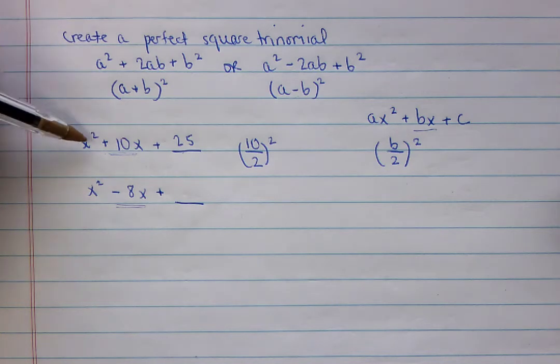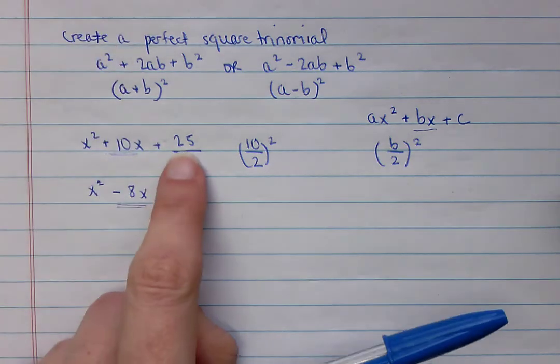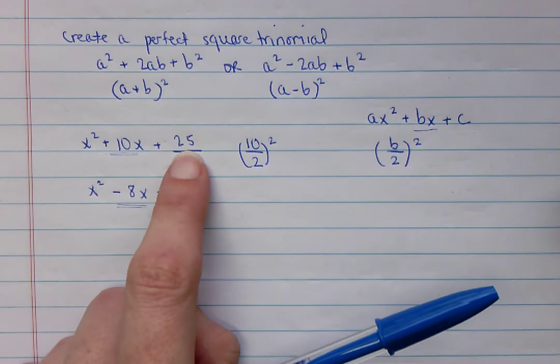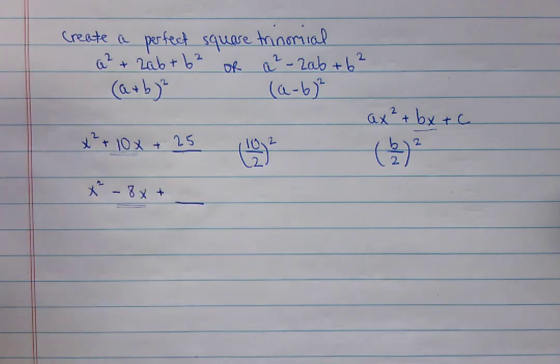And then think about how to factor that. If I were to factor this, I would think, what number squared gives me 25, but when I double it, gives me 10? Okay? And that number is 5 basically. 5 squared is 25, and 5 times 2 is 10.